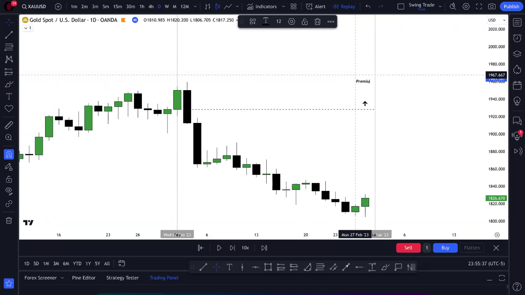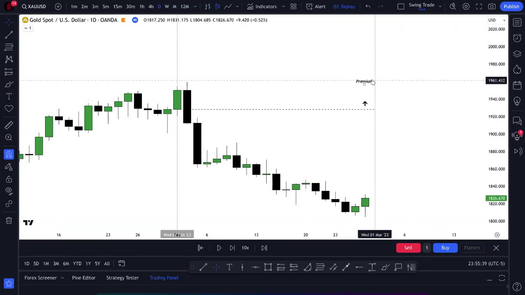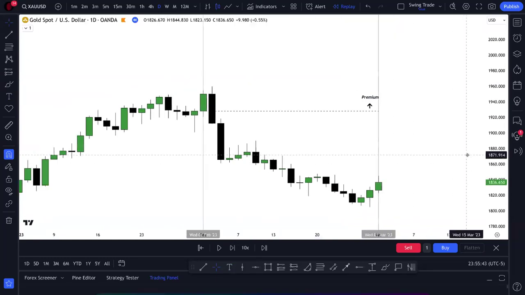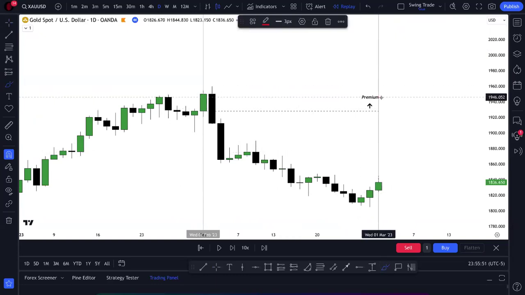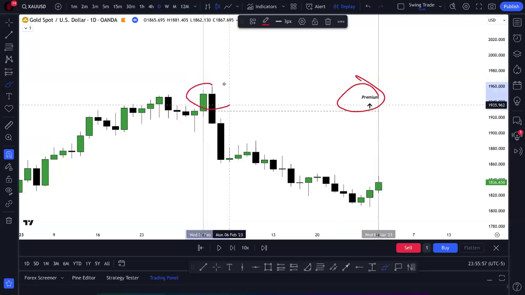Premium, exactly. Now, just looking at it from hindsight data, you can see how gold pulled itself into premium for a short period of time, only 2 days, and then sold off. You can no longer get the best sell for the month. According to hindsight, we can see that the best sell came on these 2 days. The pinnacle, right? The cream of the crop sell happened right there.